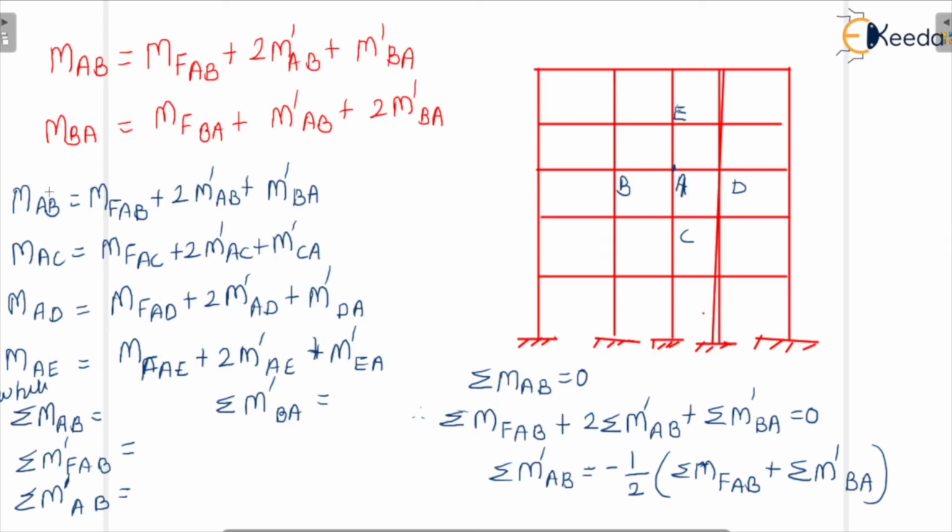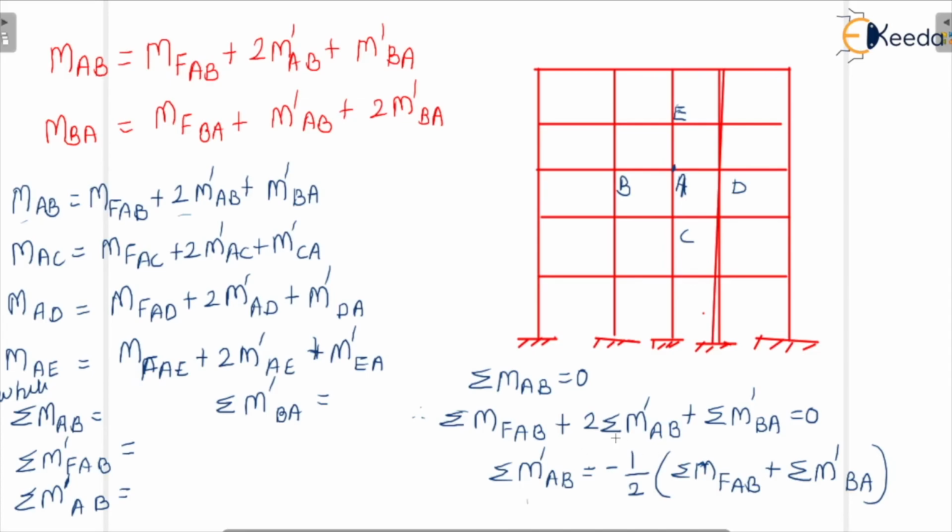Don't get confused at all. We know that this term is because of rotation, this is the near end and this is the far end. We have written equations for AE, AB, AD, AC, and then we want to write the same equation in summation format. So we can rewrite the equation in this format.